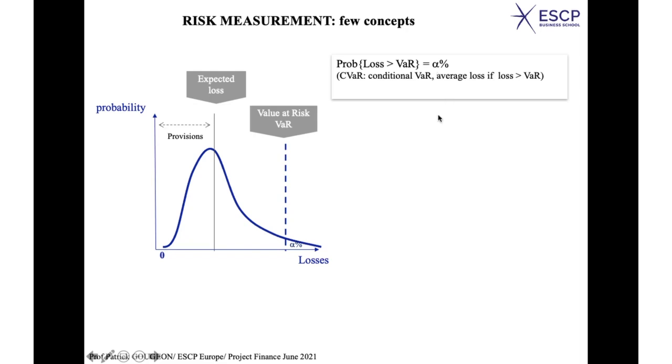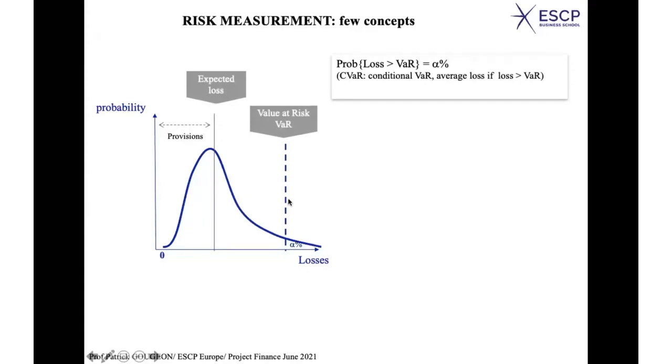So 1%, you take it here, and you try to find the limit which corresponds to 1% on the curve. In other words, you are looking for the limit here, which means that the probability of a loss higher than this limit is just alpha percent.